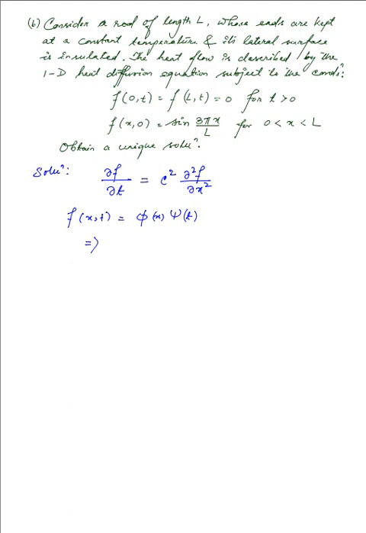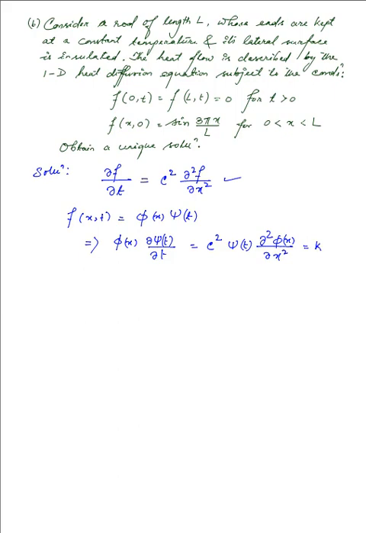So del f over del t is going to give me phi x on the left hand side multiplied to del psi t over del t, and then onto the right hand side what we get is the c squared term remains as such. In this we are using this equation for sure, and that gets multiplied to psi t, and we have del square phi x over del x squared.